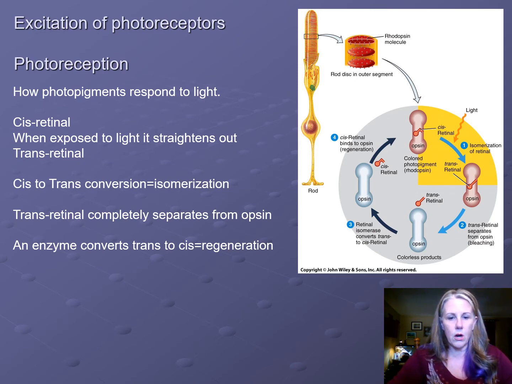I'm going to attempt to draw, okay, when we're looking at this molecule, because we're going to be talking about what the photopigment does, and there are 2 parts of it. So I'm going to draw a circle, sort of. That's going to be my opsin. That makes sense. O for opsin. Then we have a retinol.